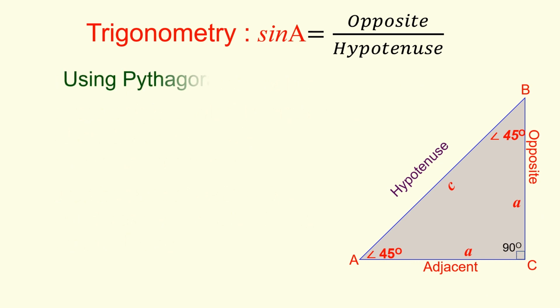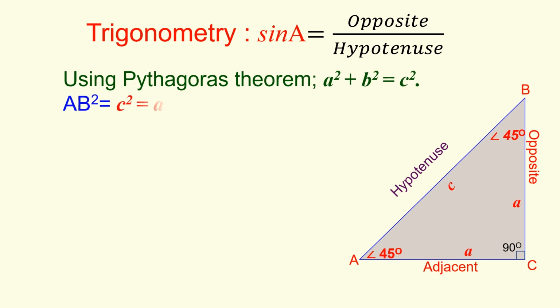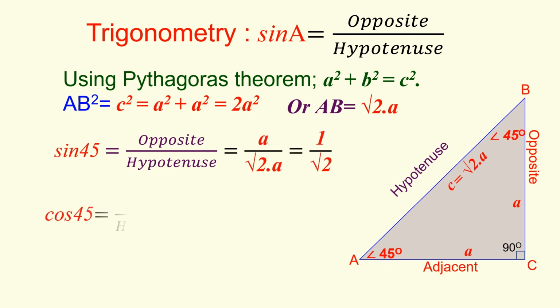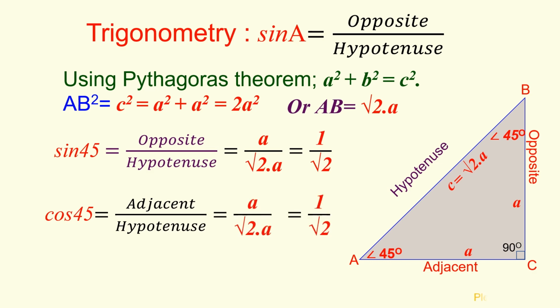Using Pythagoras theorem, AB square equals AC square plus BC square, or AB square equals a square plus a square, or AB equals under root 2 a. So sine of 45 degrees equals 1 by under root 2, and cos of 45 degrees equals 1 by under root 2.